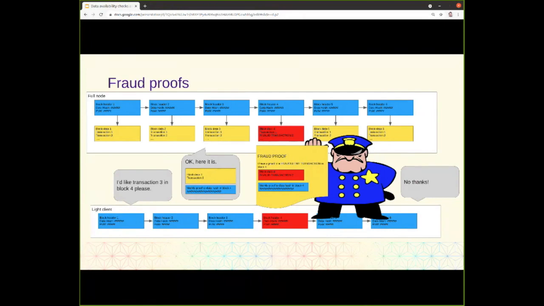You just need to be connected to a peer-to-peer network where this fraud proof can be distributed. And as long as you're not completely eclipsed, as long as you're connected to some honest nodes, then you should receive this fraud proof. So in this case, the light client would be protected, and they just say, no, thanks, I'm not going to follow this chain. I will ask someone else, basically.